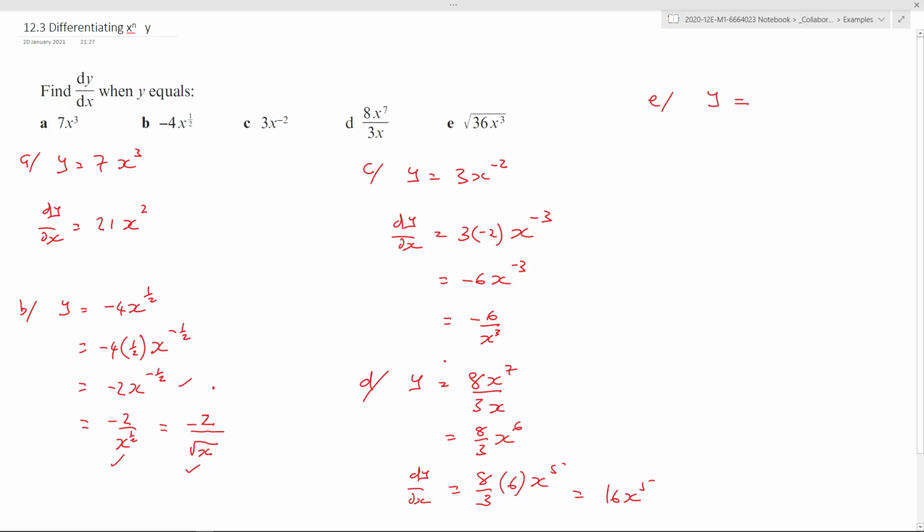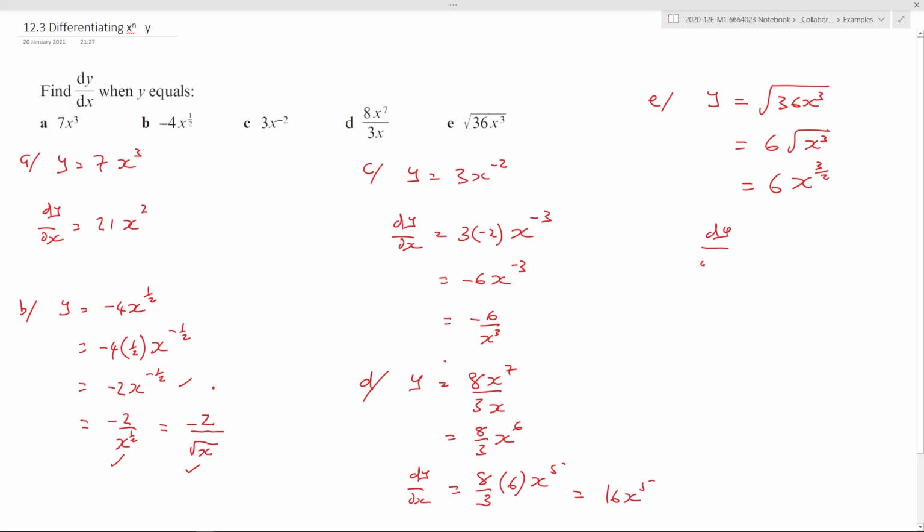We've got y is equal to the square root of 36 x cubed. Now I know the square root of 36 is 6, so I've got 6 times the square root of x cubed. I'm working with indices. Square root means to the power of a half, so I've got 6x to the power of 3 over 2, because it's to the power of a half, 3 over 2. Now I can differentiate.